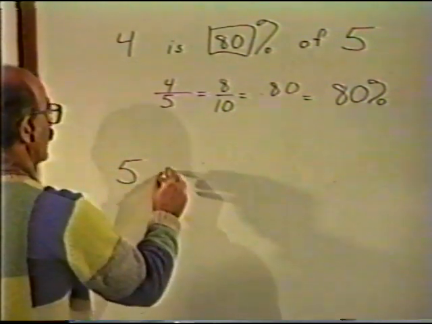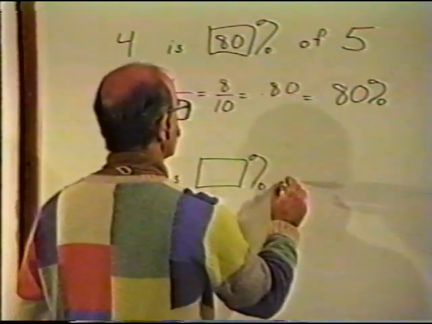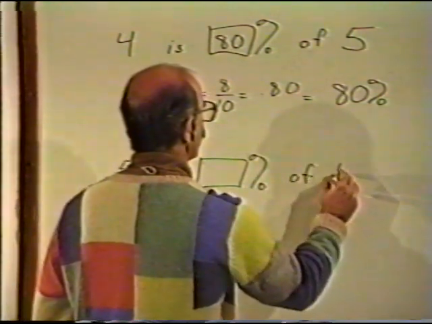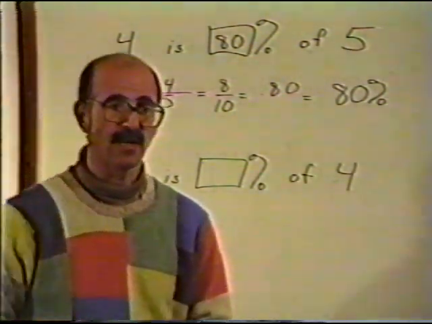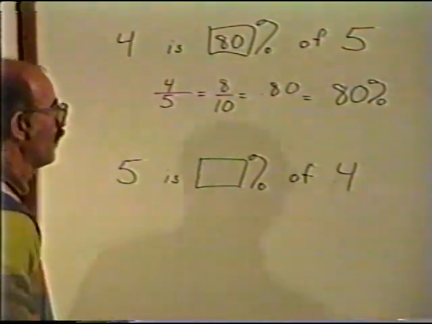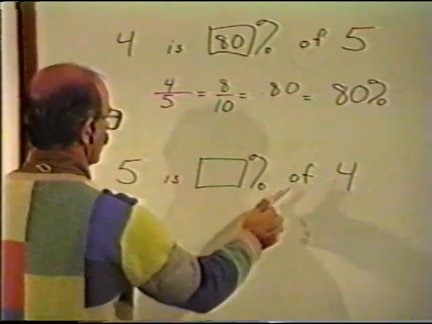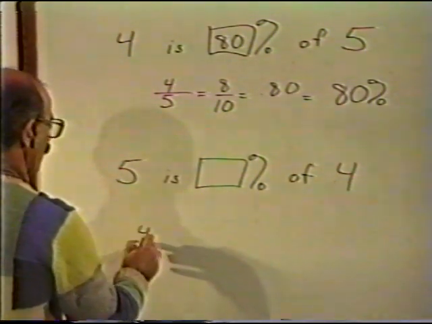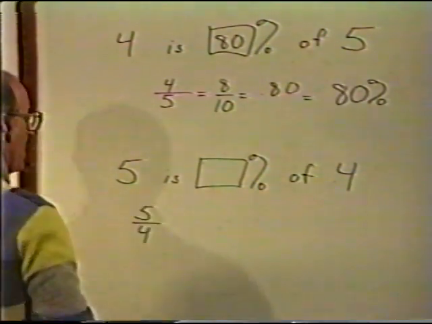The next one, I'll just put them up there together. 5 is what percent of 4? We're going to make a fraction, and which number should we put on the bottom? 4. Because it comes after the word of. So we have 4 on the bottom and 5 on the top.